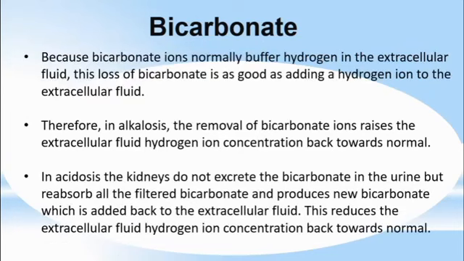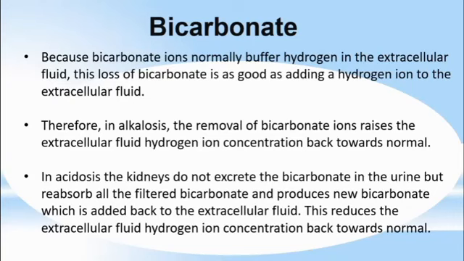Because bicarbonate ion normally buffers hydrogen in the extracellular fluid, this loss of bicarbonate is as good as adding a hydrogen ion to the extracellular fluid. Therefore, in alkalosis, the removal of bicarbonate ion raises the extracellular fluid hydrogen ion concentration back towards normal.